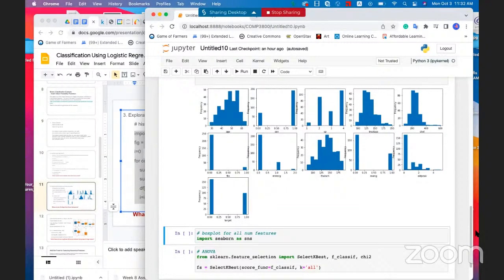We have to watch the target variable. This target variable has two groups: one is that they had a heart attack, and the other is that they had no heart attack.